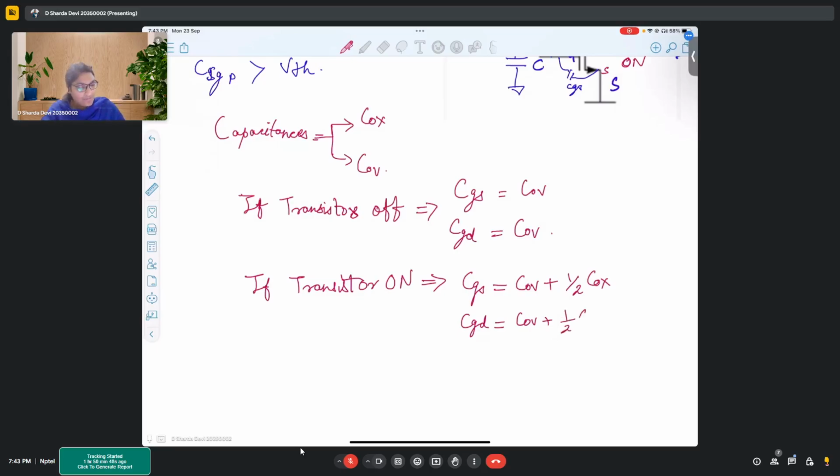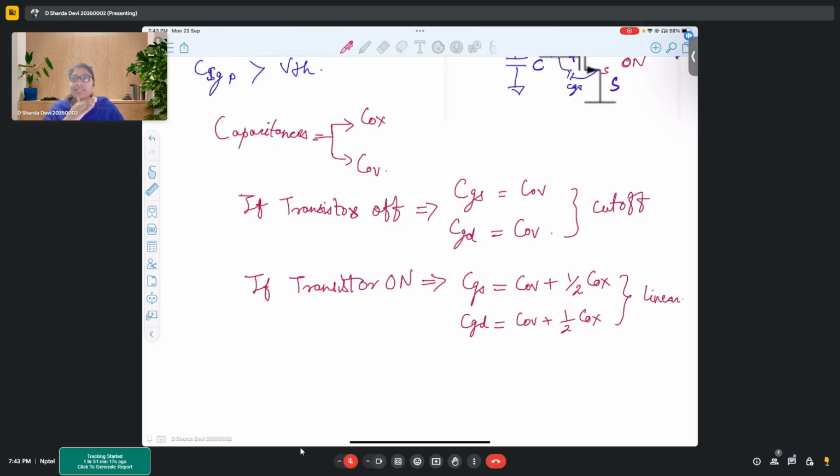So half of Cox. This also depends on the region of operation of the transistor, whether it is linear or saturation or cutoff. So this is for cutoff. This is when the transistor is in linear.